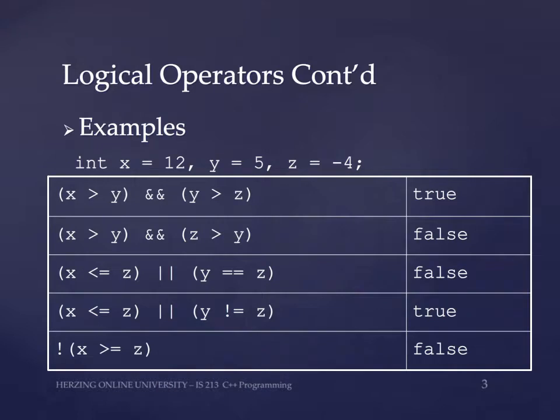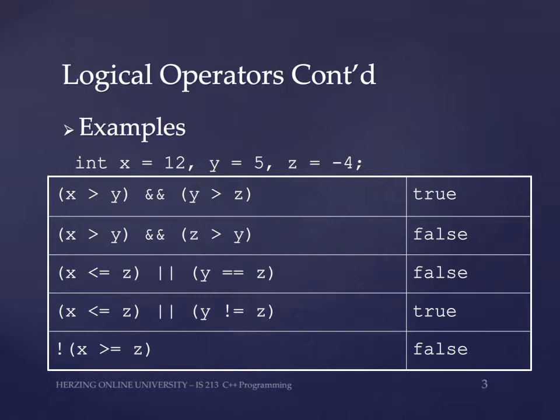The logical AND operator is used to test whether both conditions are true. So if both conditions are true, logical AND returns true. Otherwise, it returns false. The logical OR operator is used to test whether either of 2 conditions is true. If the left operand evaluates to true, or the right operand evaluates to true, the logical OR operator returns true.